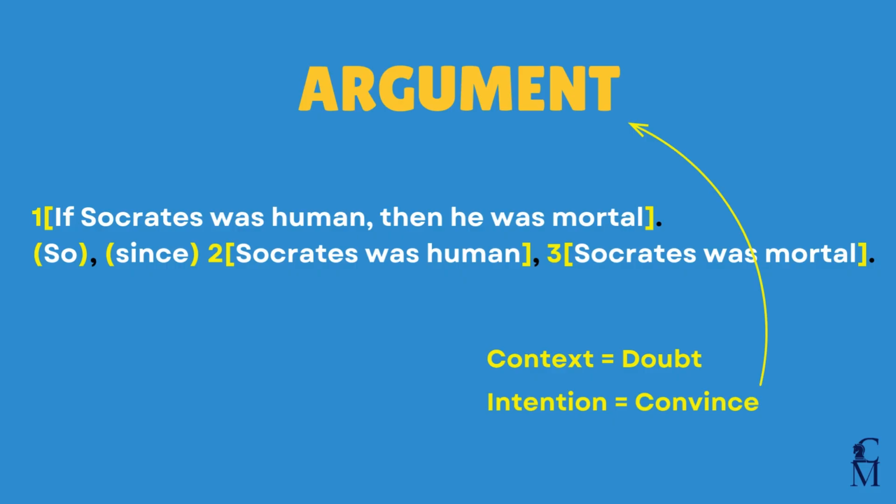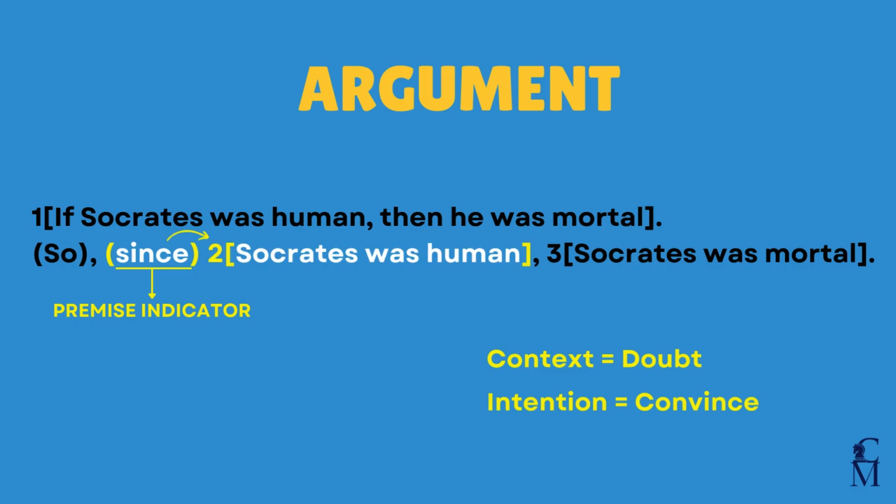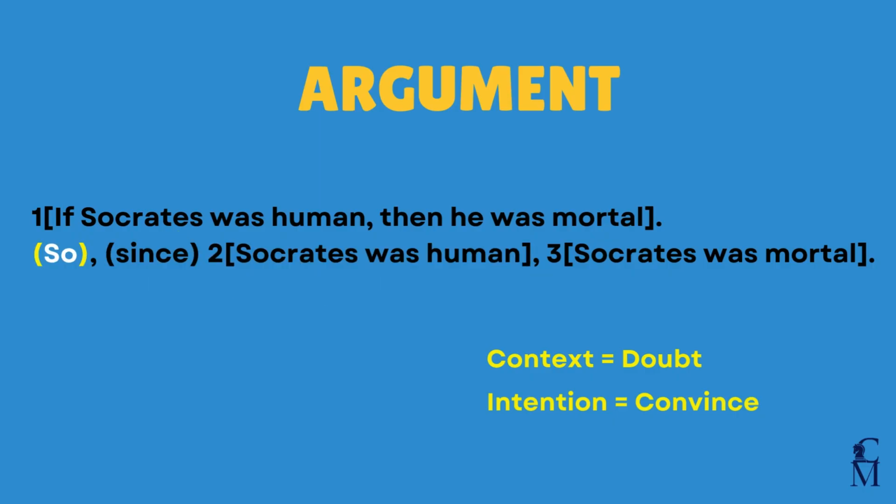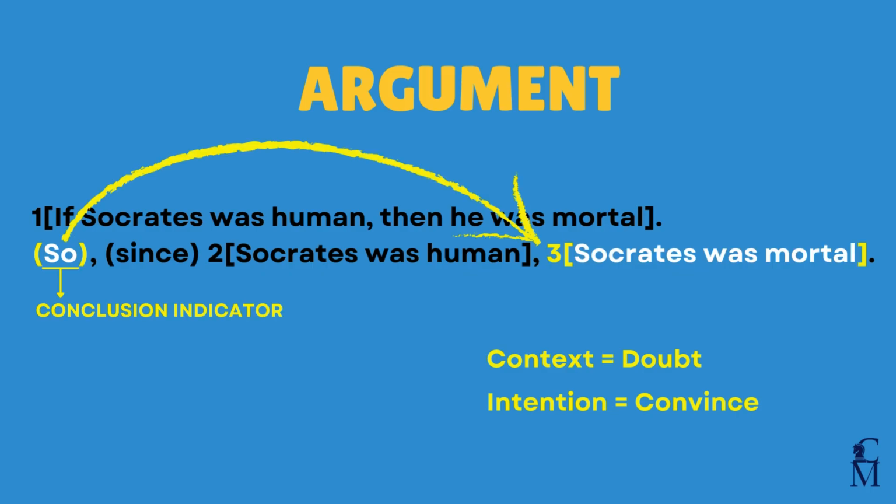If the sentence is being used as an argument, then the word since will indicate that statement 2, Socrates was human, is a premise, and the word so will indicate that statement 3, Socrates was mortal, is a conclusion.